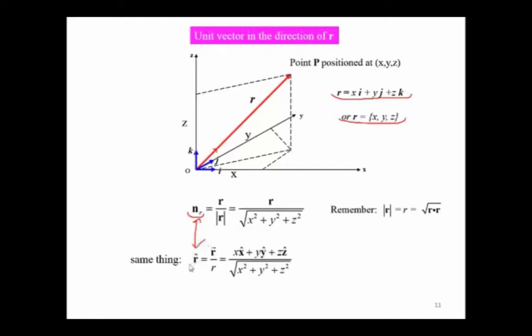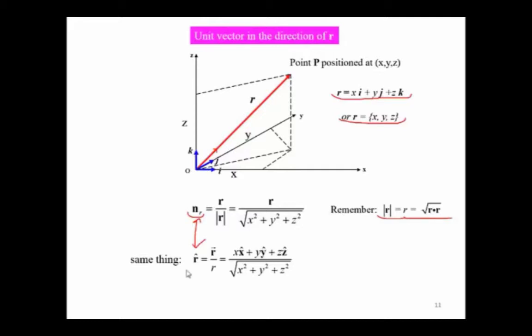So r hat is the unit vector in the direction of the r vector, and all we've done is taken the r vector and divided by the magnitude of r. So just don't forget that the magnitude of r is equal to the scalar r, and if you want to relate it to the dot product, which we'll talk about a little bit later, the length of that vector is the square root of r dot r, and we'll understand this better in a moment.